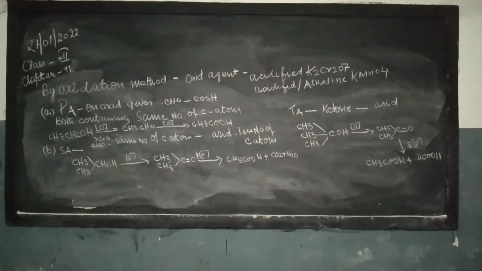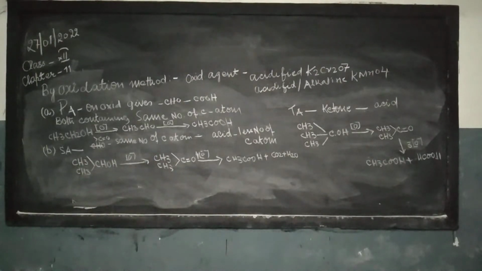Ketone on further oxidation gives acetic acid and formic acid, which contain less number of carbon atoms than the original alcohol. So in case of tertiary alcohol, the ketone as well as the acid contain less number of carbon atoms than the starting alcohol. Students, this is all about the oxidation method.